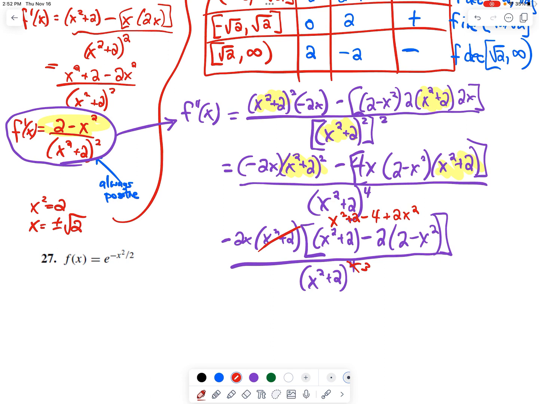No. So I'm multiplying at 2x, and it's going to be x squared plus 2 plus low d high minus high d low over low squared. Man, I know I've got it somewhere. I think I have negative 2x, and then I think I should have negative x squared plus 6.